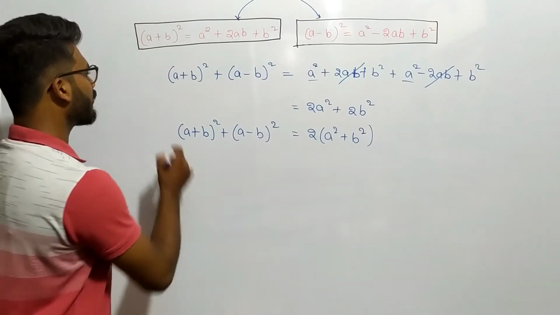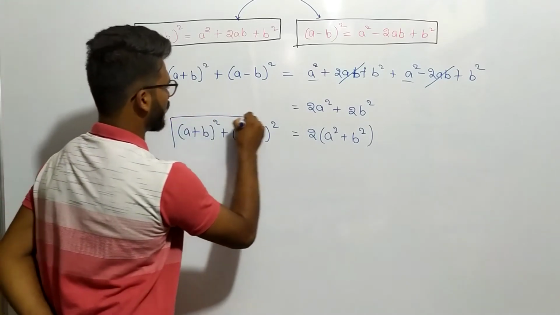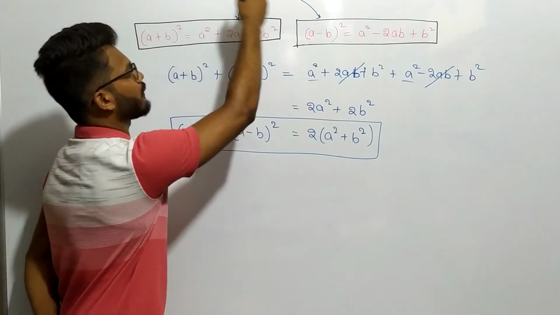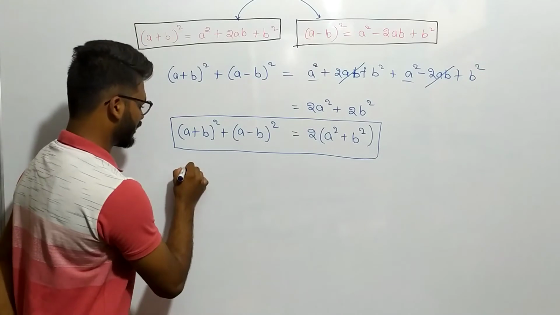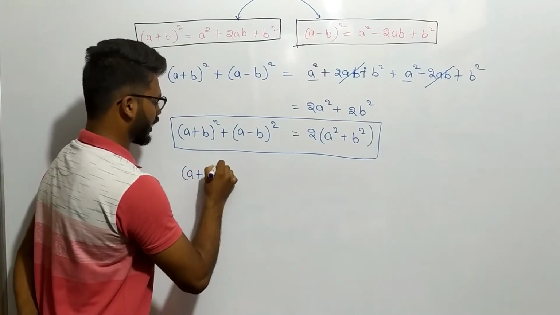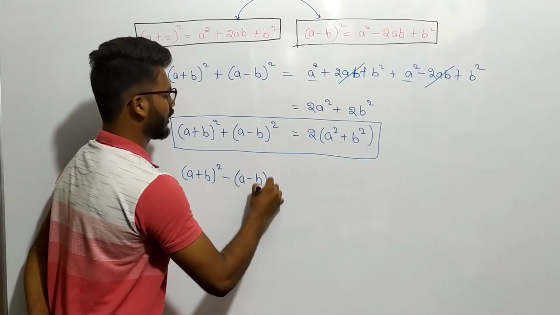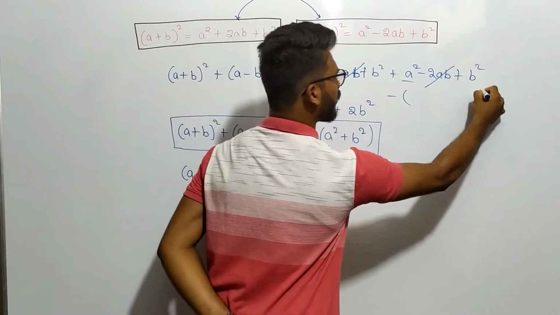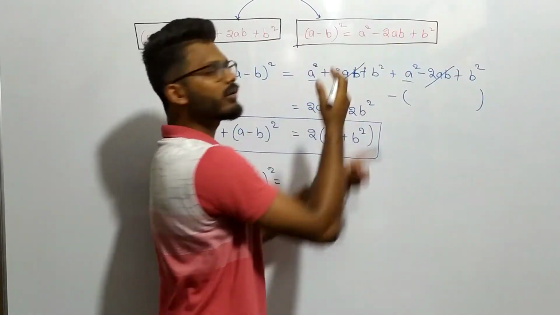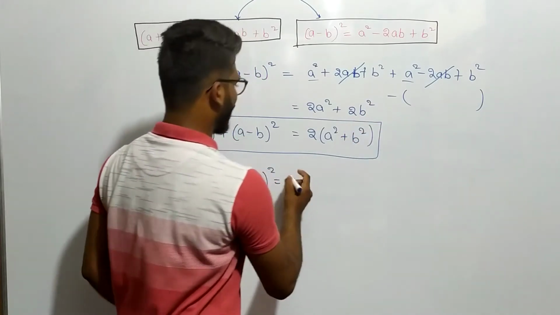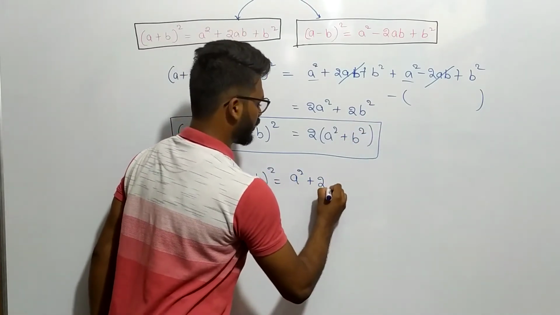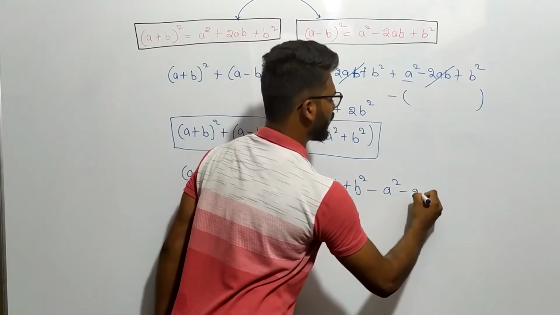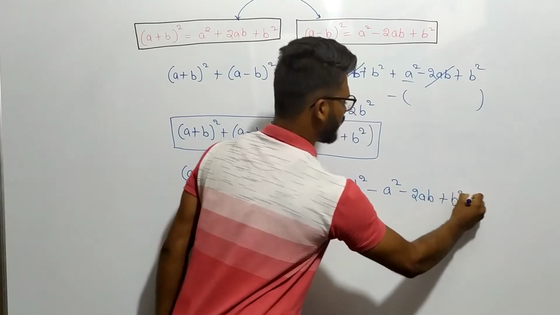And one more formula. This is one formula. And (a plus b) whole square minus (a minus b) whole square. What will we get? Here we get a minus sign, which for the whole means everything you have to subtract. If you write like this, a square plus 2ab plus b square minus a square minus 2ab plus b square, this is wrong.